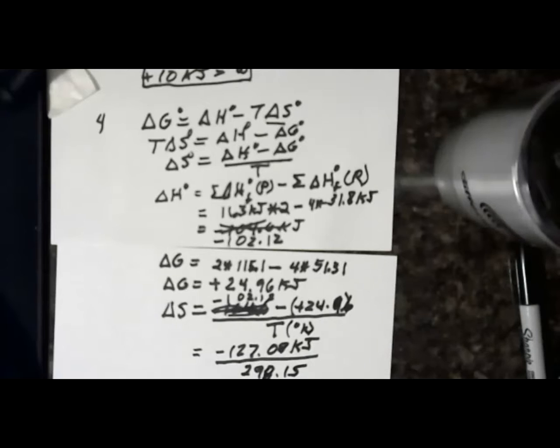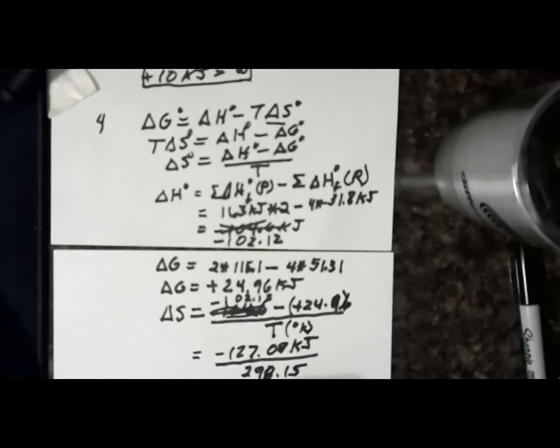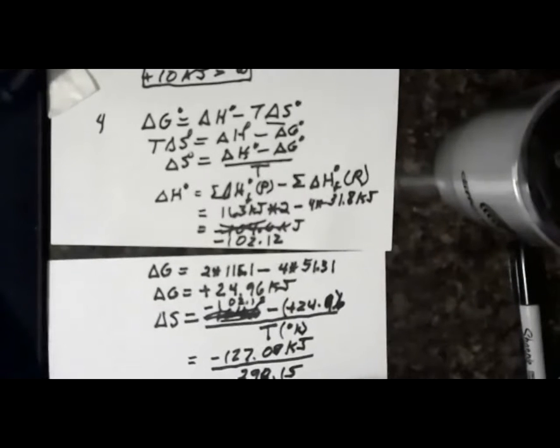So I'm going to take this number and divide it by 298.15, and I get the delta S should be equal to minus 0.426 and a whole bunch of other digits in kilojoules.